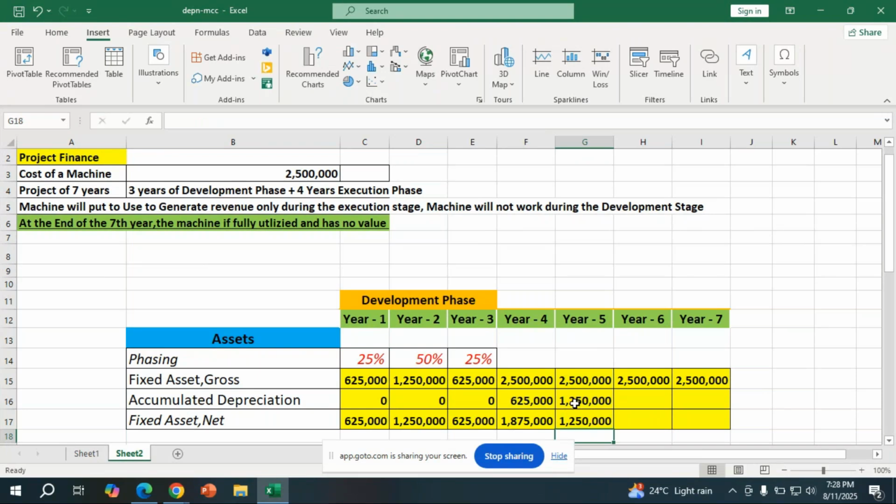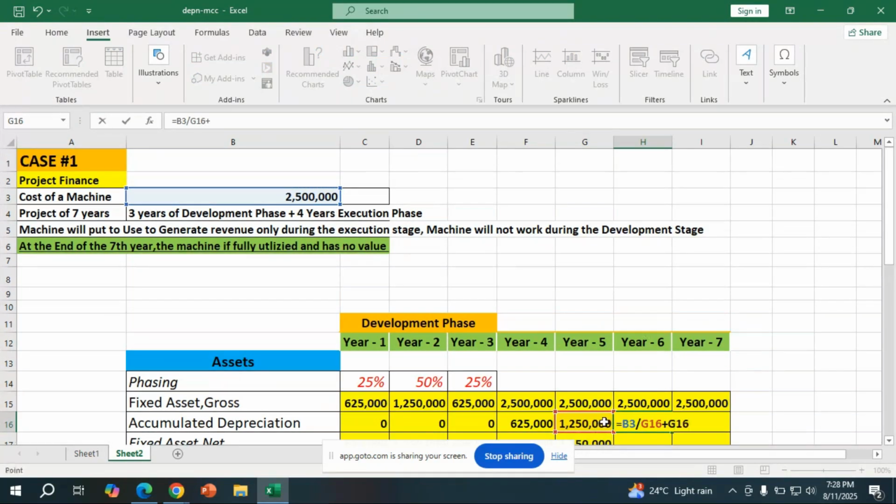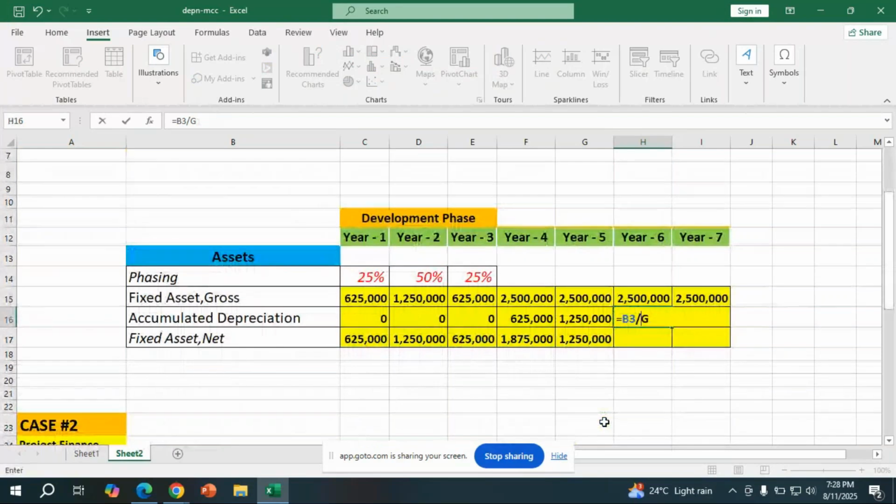So it was 12 lakh 50 again. Here also the same way, value of the asset divided by 4 years plus this amount.